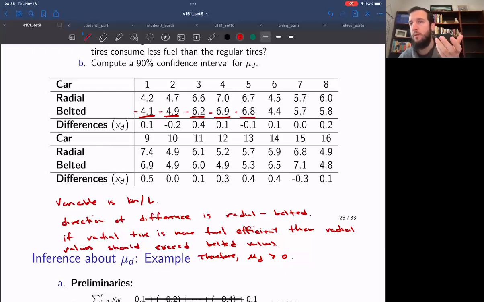Right, so it's quite a bit to think about, but the point is you need to pay attention to the direction in which you compute the difference. Because if the test is not two-sided, then the direction in which you compute the difference is going to determine the direction of the sign in the alternative hypothesis. Right. Any questions about that?